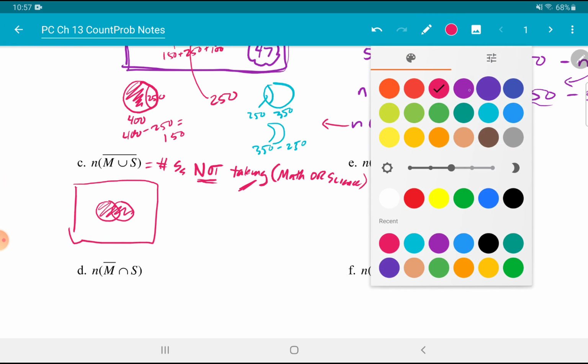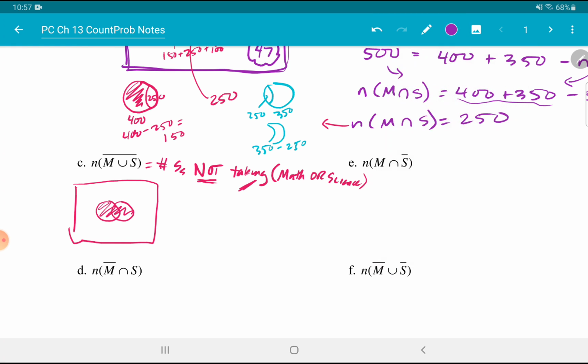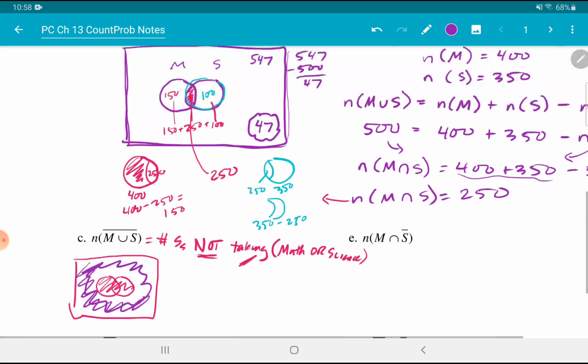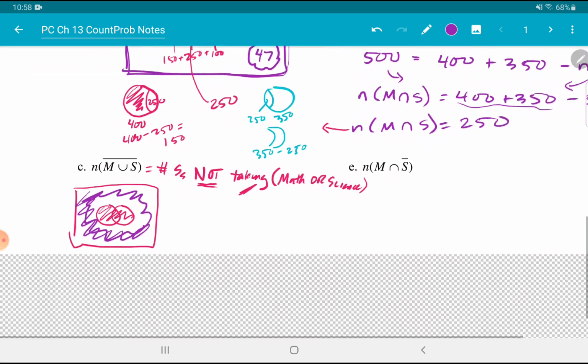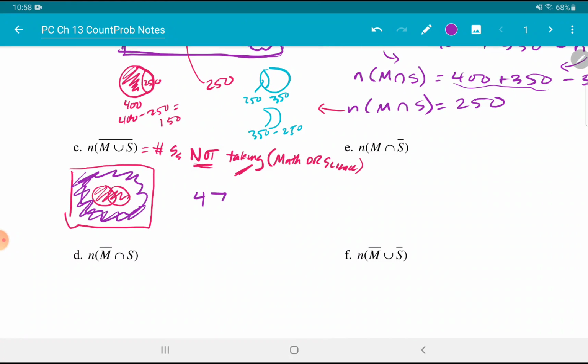So when we say not math or science, then we're saying everything but that, which is all of this. This is what we want to find. The purple part is what we want to find. And what's that purple part? Well, if we look up above, we labeled that as 47. So our result is just going to be 47 here. The number of students not taking math or science is 47.